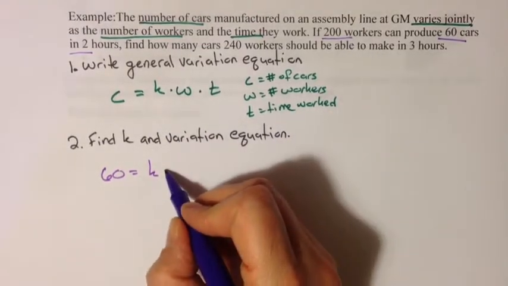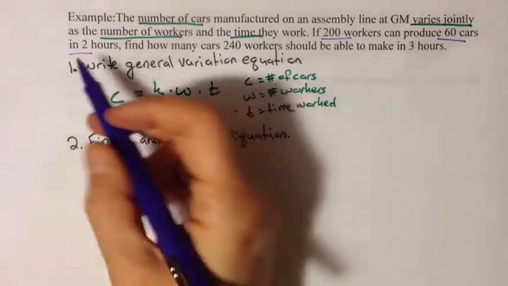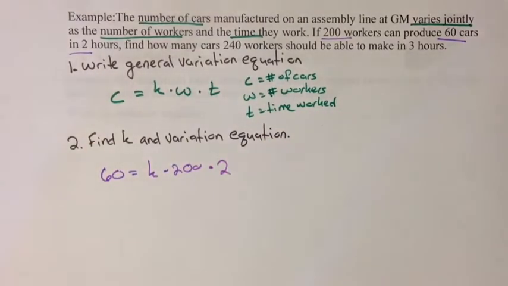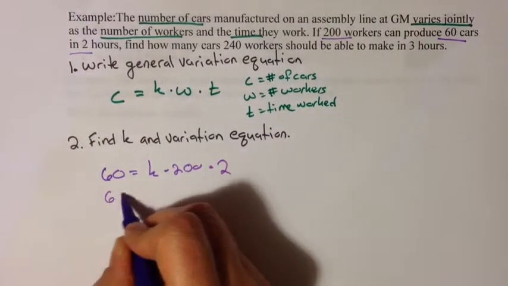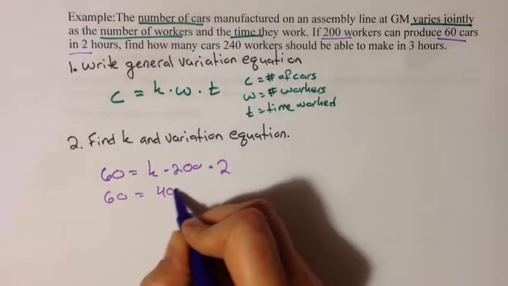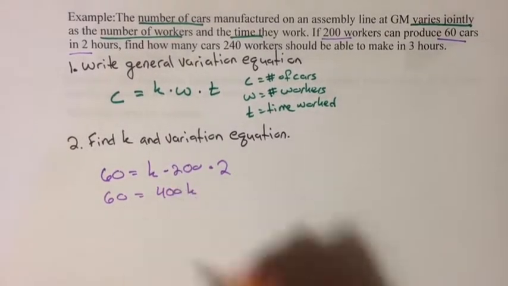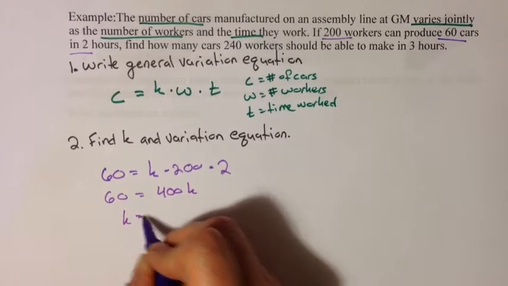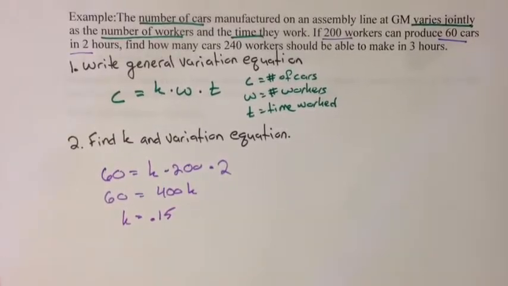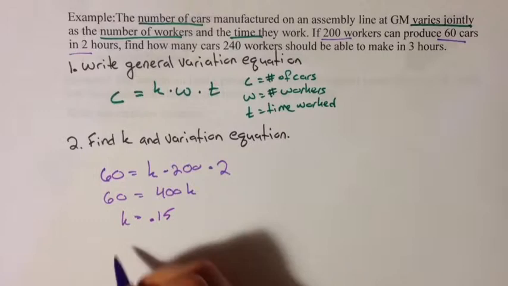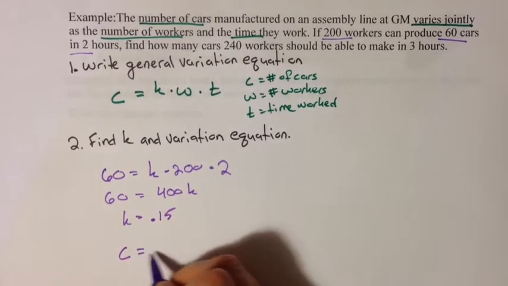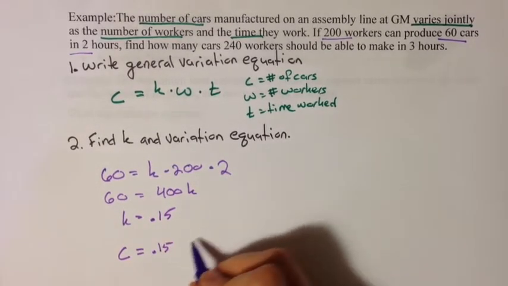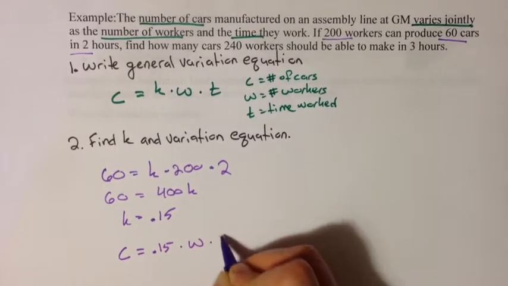W is my workers, so 200 workers. T is my time, so the 2 hours goes there. Now I can solve for K. 60 equals 400K. Divide both sides by 400, and K equals 0.15. That means that my variation equation is C equals 0.15 times W times T.